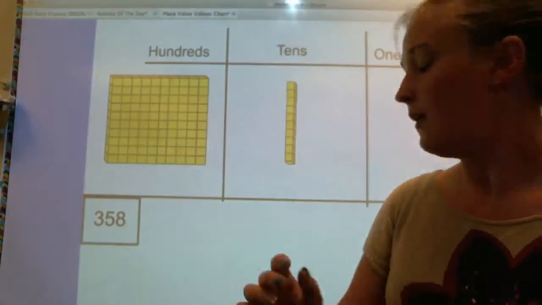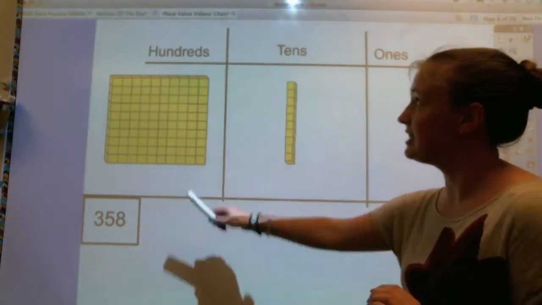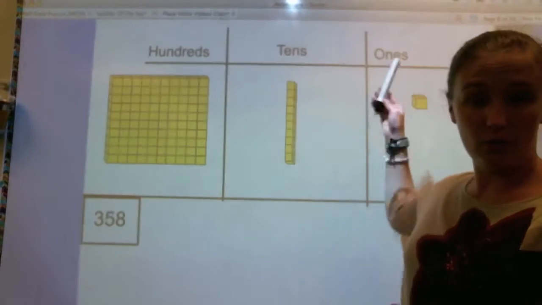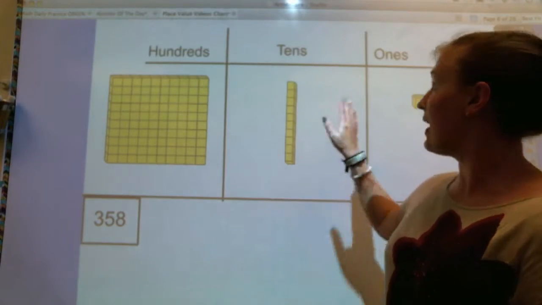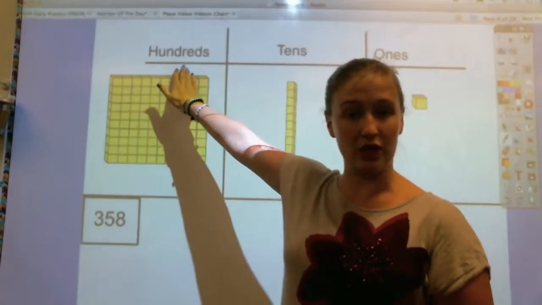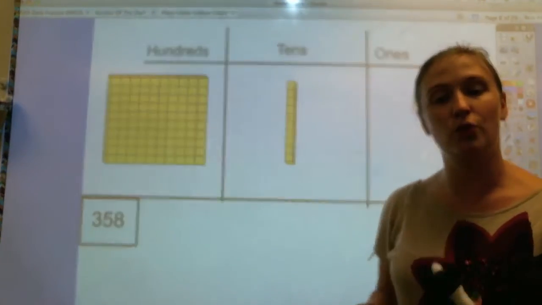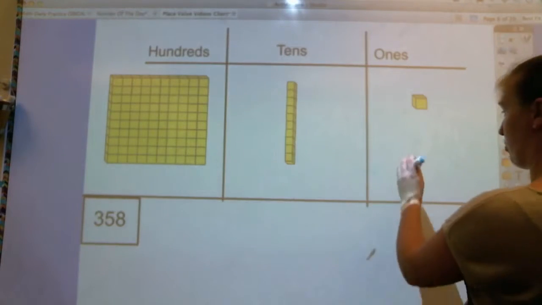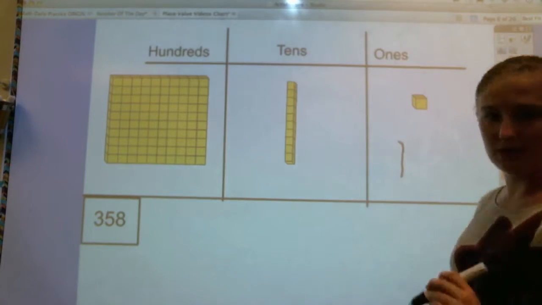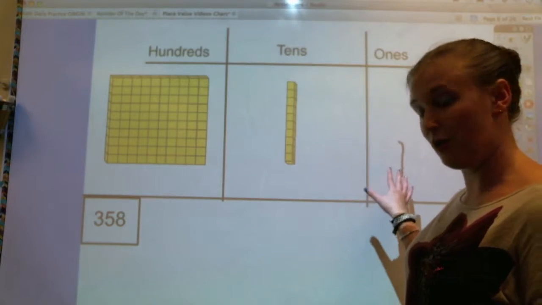Now, here I've placed them in a place value chart, which we did in place value video 1. So I have my ones, tens, and hundreds. And now I have a model to represent each one of those numbers. So this right here would be like the number 1, and that's our place value of ones.